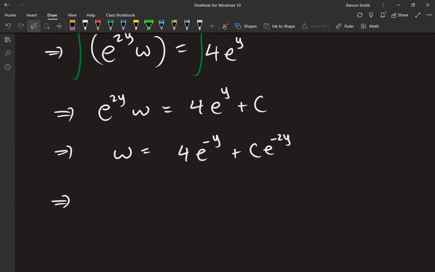This means, if I do a back substitution, my w was v squared.